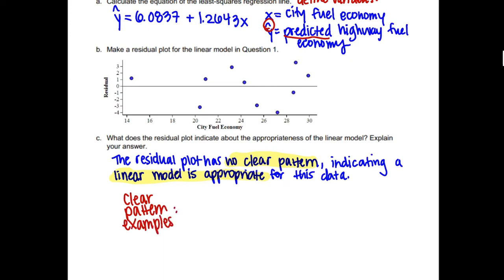Clear pattern examples would be like this, or we call this one a Christmas tree pattern, something like that, where the scatter gets more and more wide. The variability gets wider and wider as your x and y get larger. Those are two examples of clear pattern.